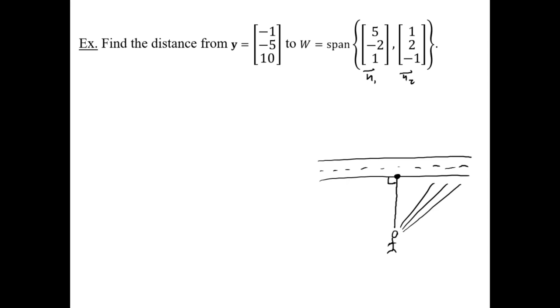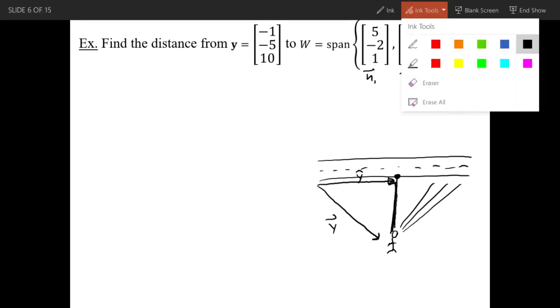So really what I'm asking is, if this happens to be y, this vector here is going to be y hat. This is just justifying why we're using y hat. We're going to find y hat, and then find the distance between those two vectors. All right, let me erase all that.